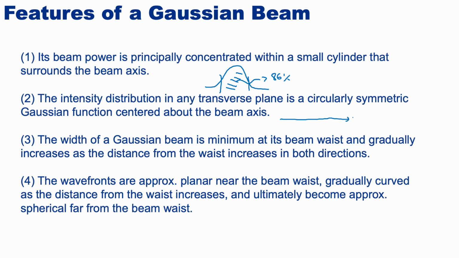Something that is really important is that the intensity distribution, and that's something that we're gonna see next, is always gonna follow a Gaussian. So we're always gonna change the width. It's always gonna get more spread out, but we're always gonna have the same amount of power around the center.